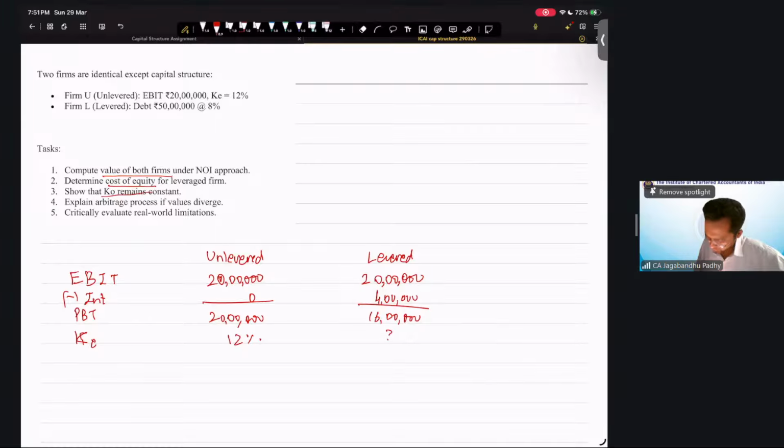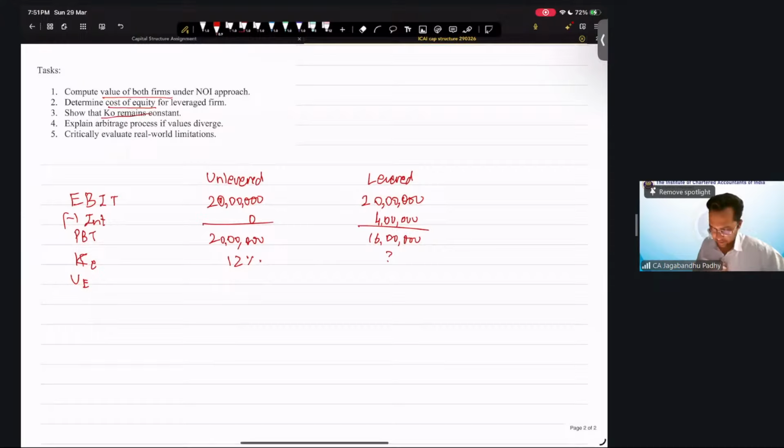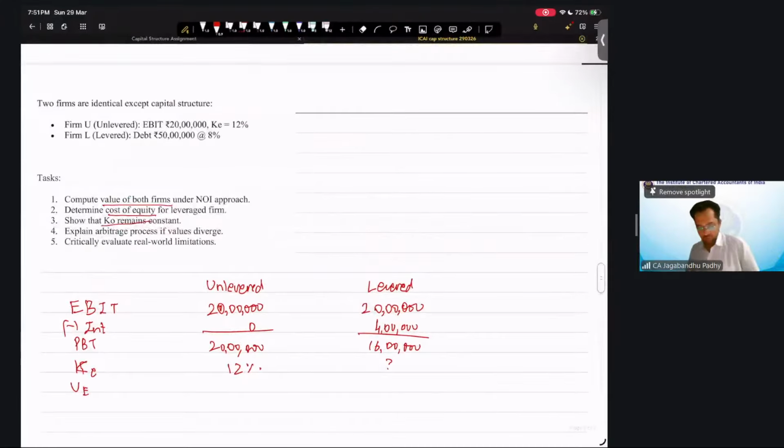And here's something which we don't know. But I can get the value of equity for the unlevered firm, which is 20 lakh divided by 12%.